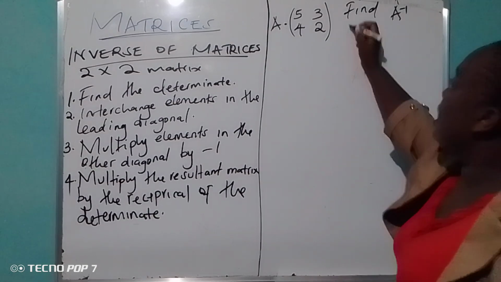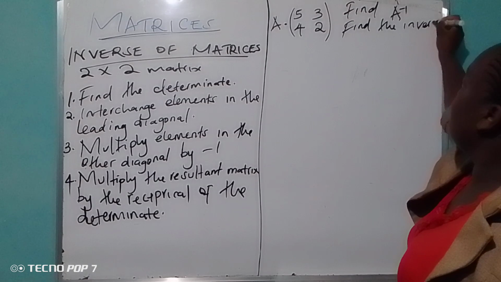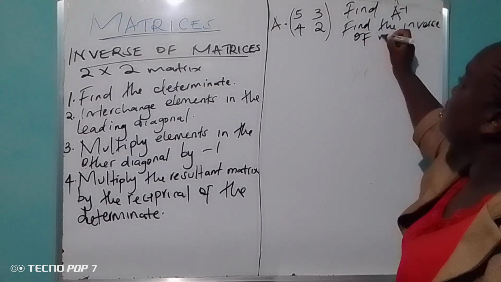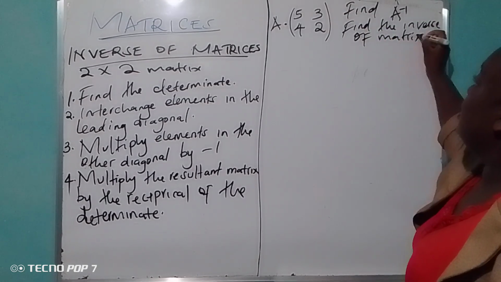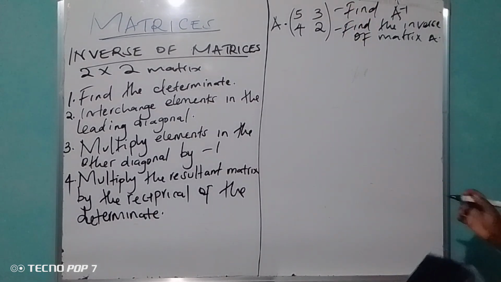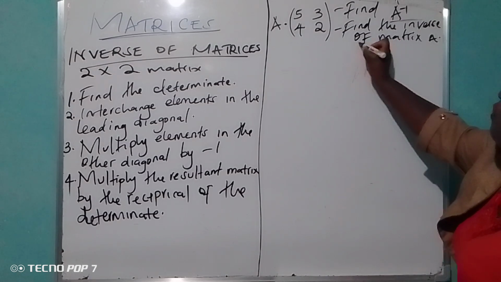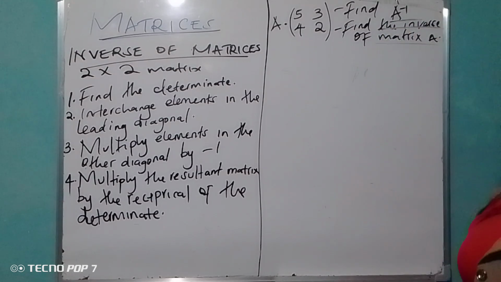Or I can just say find the inverse of matrix A. So it can either be written like this or just in long form: find the inverse of matrix A.